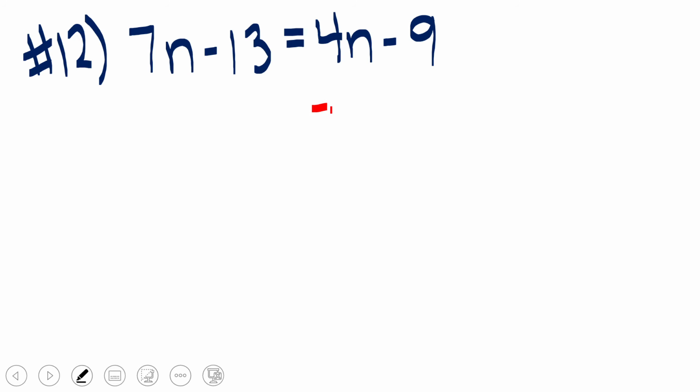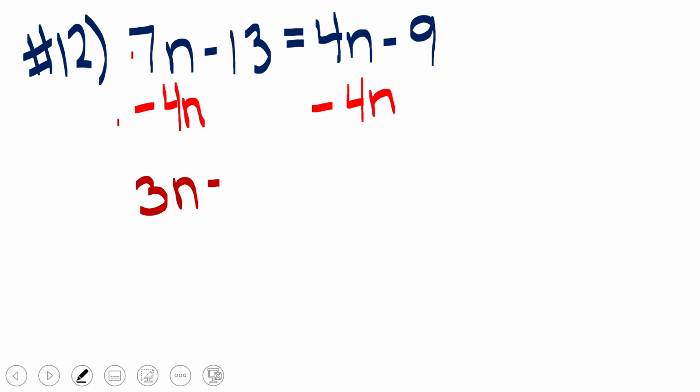We're going to subtract 4n from both sides and simplify. 7n minus 4n is 3n. Everything else from our equation comes down like it was originally written. 4n minus 4n is 0. It goes away. And that leaves a negative 9.